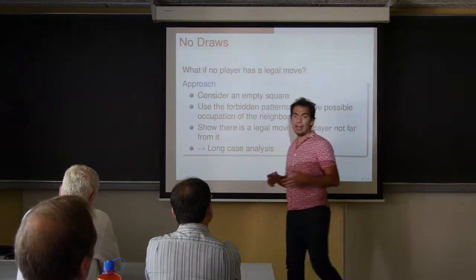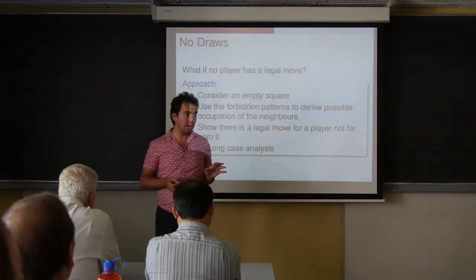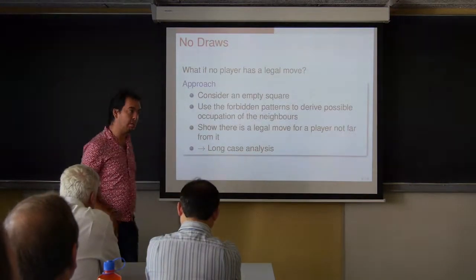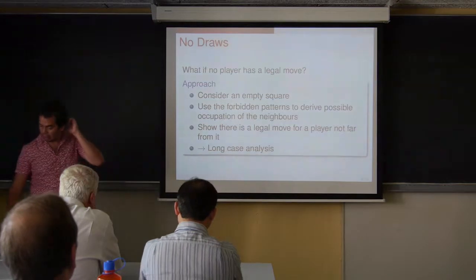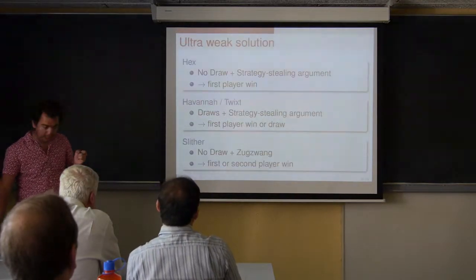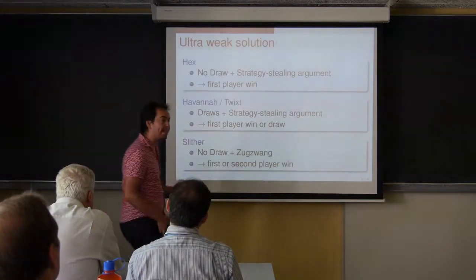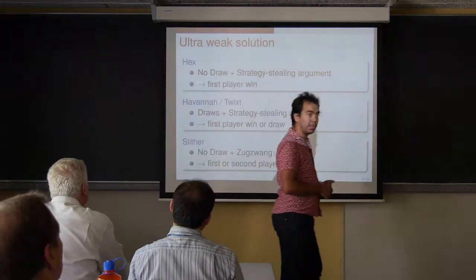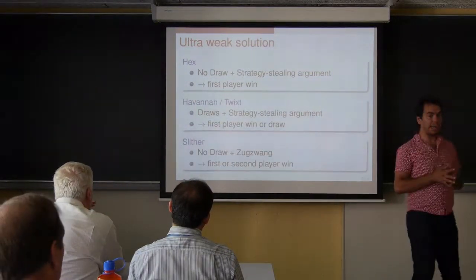Which shows that as soon as there is an empty square on the board, one of the two players has a legal move not far from it. And this allows us to attempt an ultra-weak solution to Slither.